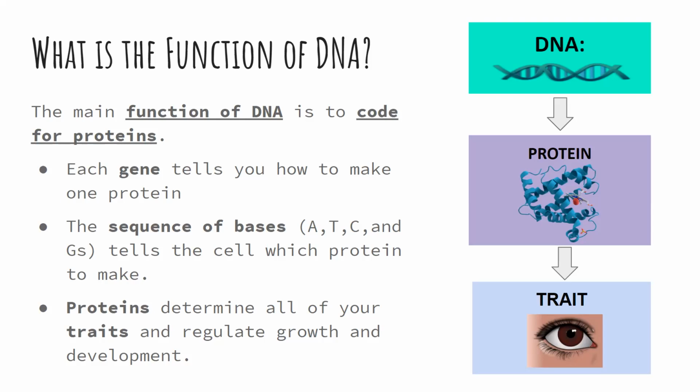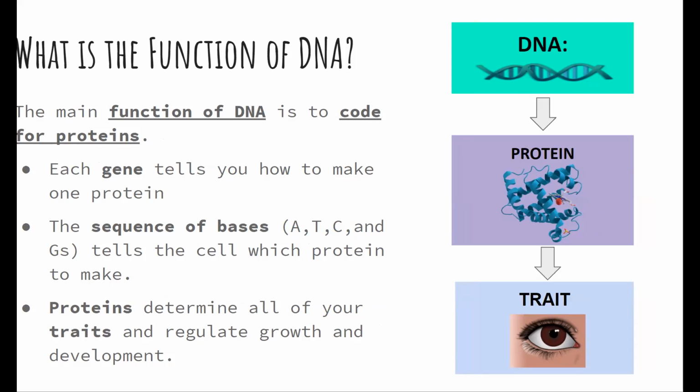So if you need to make lactase, or if you need to make keratin or melanin, there's proteins for that. There's a protein that's going to be made from this strand. And then there could be a protein that's made from this strand.